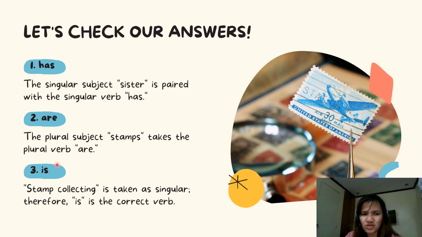What about this one? You have a plural subject, stamps, which takes the plural verb are. For number 3, stamp collecting is taken as singular. Therefore, is is the correct verb. Who got 3 out of 3? Okay, great job, kids.